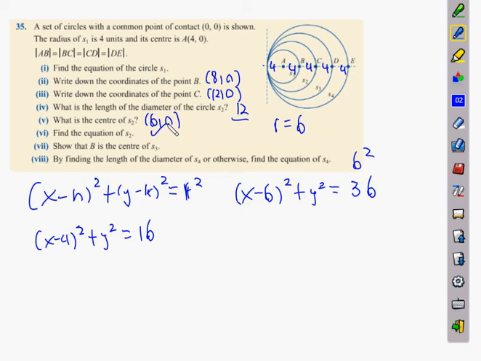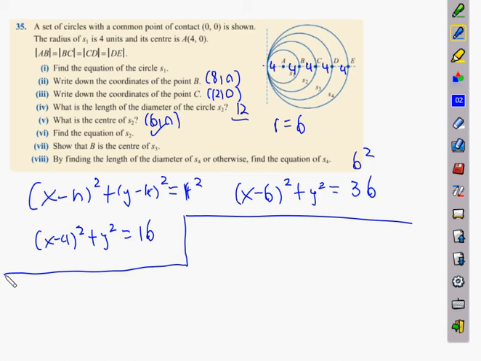Show that B is the centre of S3. What is B again? 8, 0. Okay. Well, to show this, you have to find out what the diameter is. Yeah, it's half the diameter.